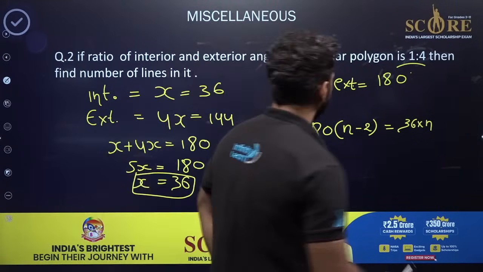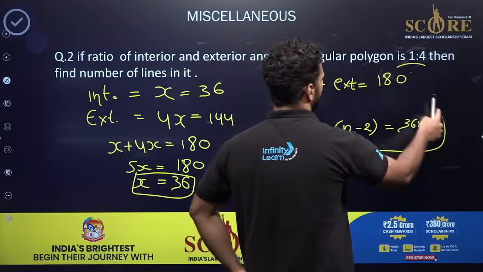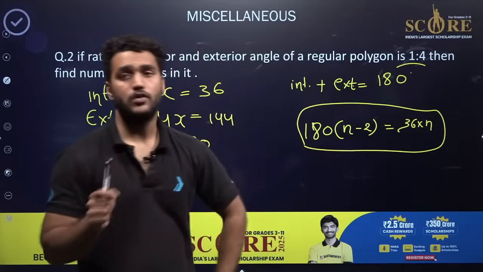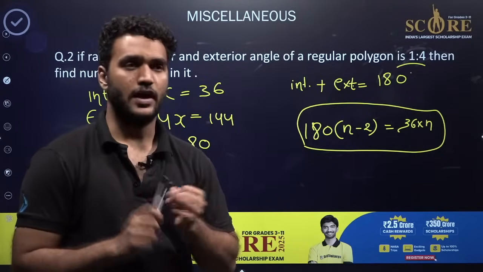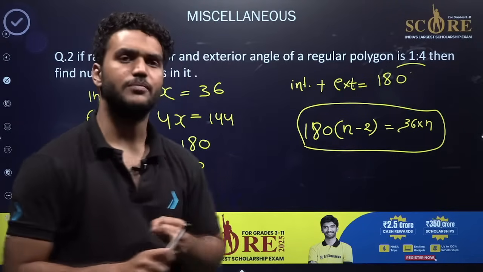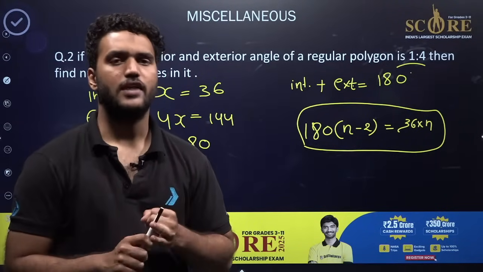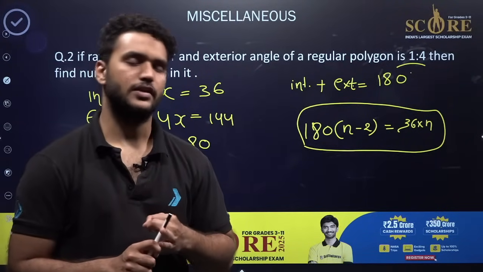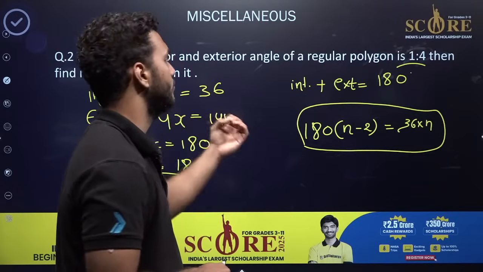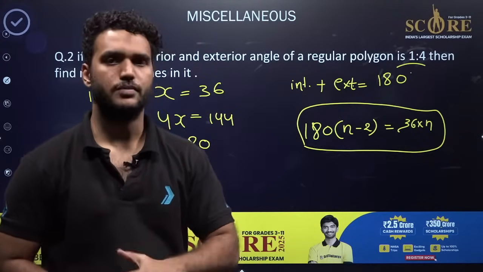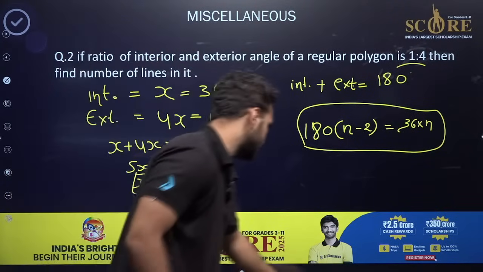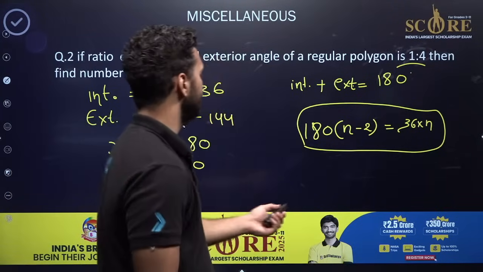If you solve this equation, you will get a value of n, and if the value of n comes out to be an integer, then it is possible. And if the value of n comes out to be fractional, then it means such a kind of regular polygon is not possible. N should be an integer. Okay, so I am leaving this for you guys.